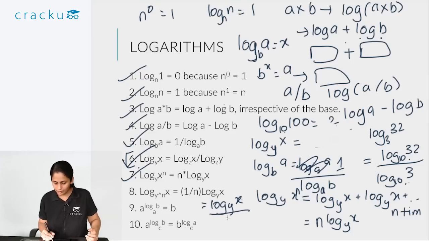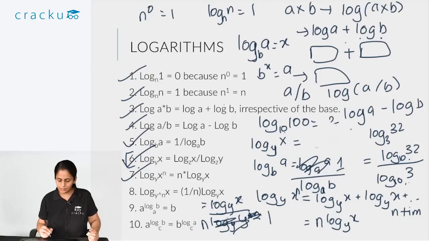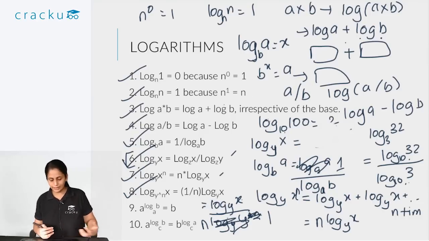So this is log x to the base y, and log of y raised to n to the base y. I can take n outside according to the previous result. So this is n log y to the base y, and this is just 1. So this is essentially 1 by n times log of x to the base y. So I can infer this if I know this and I know this theorem. So these are essentially interconnected.